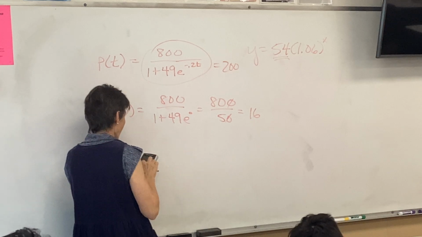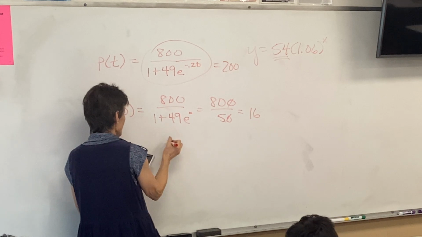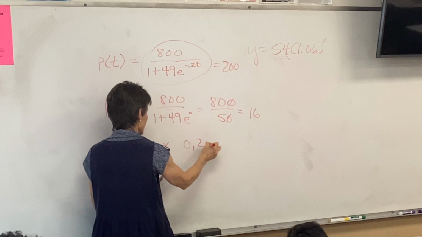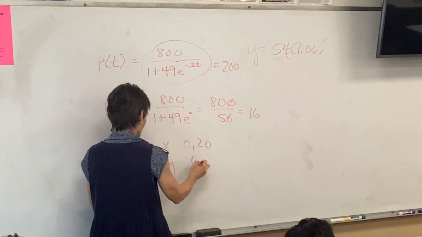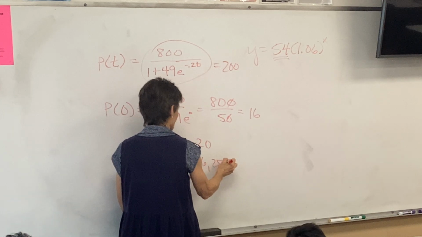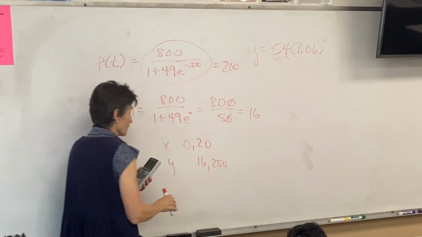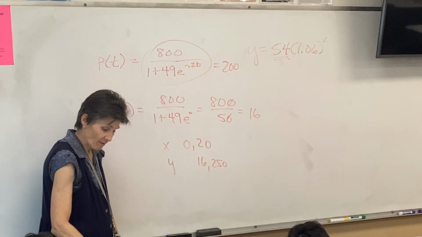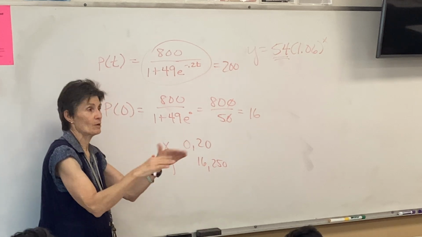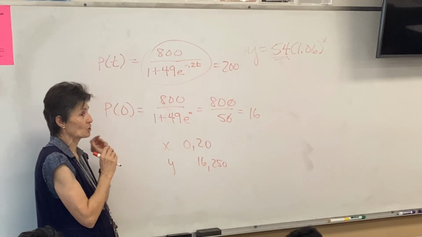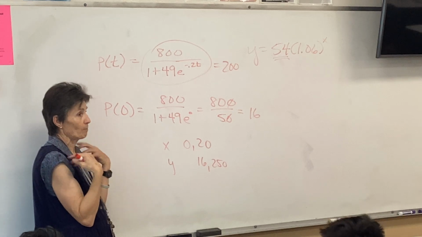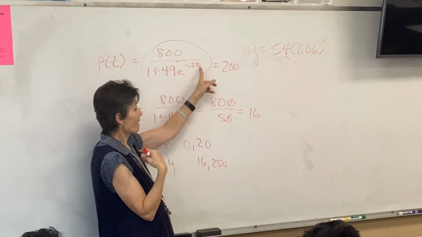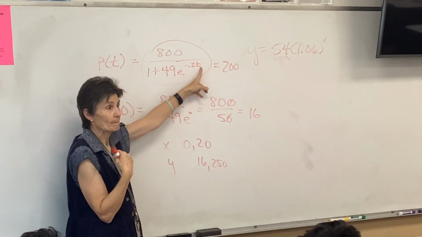So the window I used, and I got a good picture, my x's were 0 to 20, and my y's were 16 to 250. That gave me a fine picture, but other windows will work too. There was nothing magical about this. But here was my thought process. What does my X stand for?